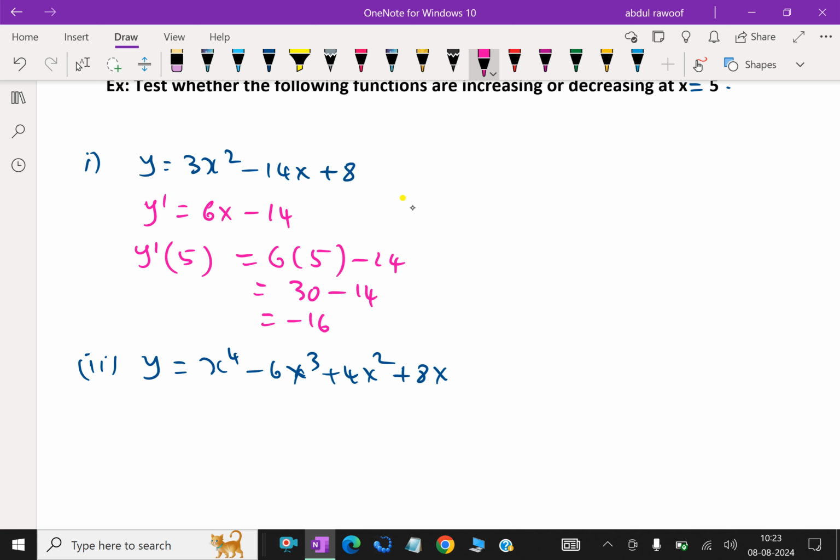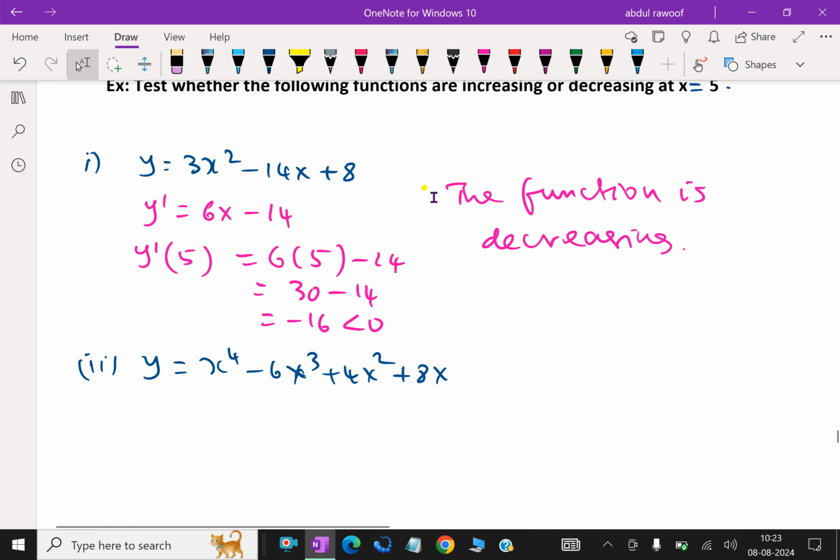Minus 16 is lesser than 0. So the function is decreasing. The function is decreasing at x equal to 5.